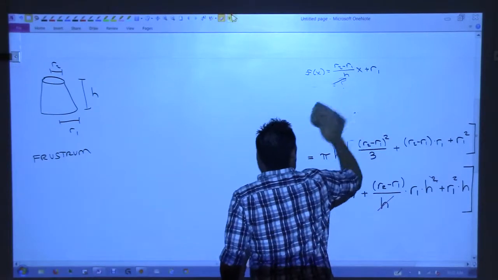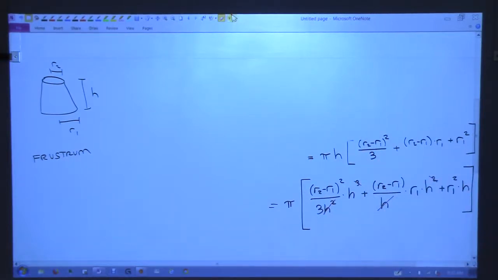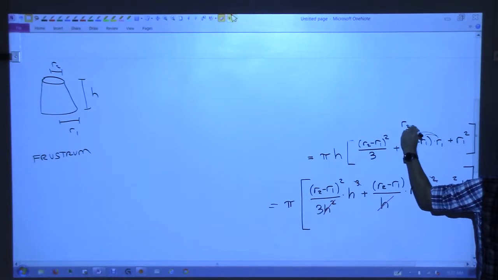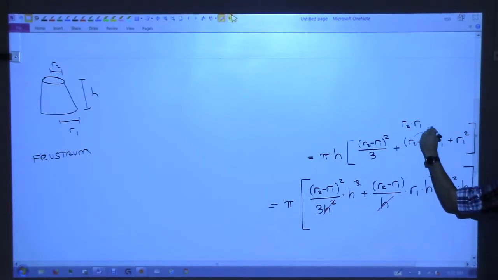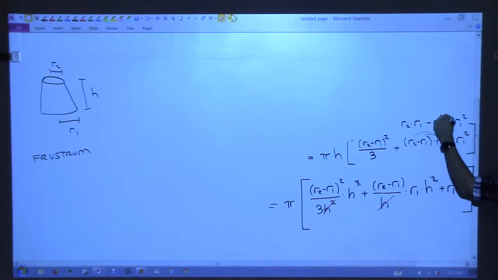So we proceed. Okay, let's do this first. I kind of like the idea of distributing this through real quick, here to here, here to here. So if we do that, we get r2 times r1, right? And then minus r1 squared, but then this one is still plus r1 squared, right? So these two cancel, right?